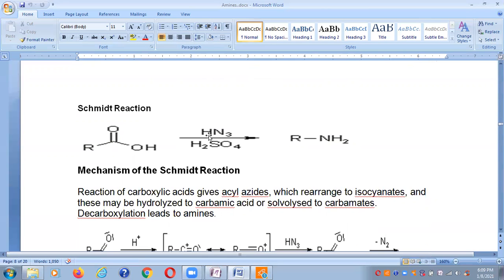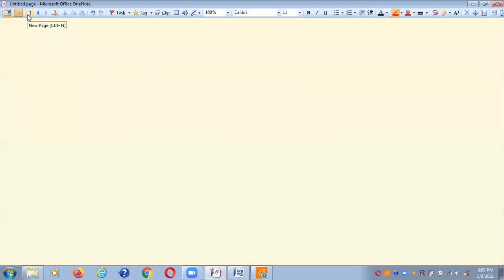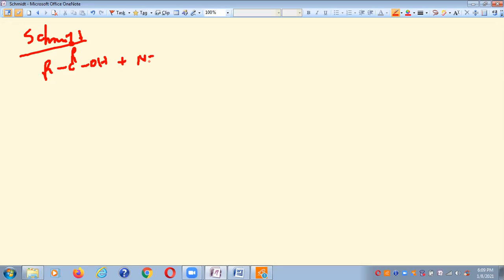We know NH3 is ammonia, but here it is reversed, N3H. N3H is hydrazoic acid.